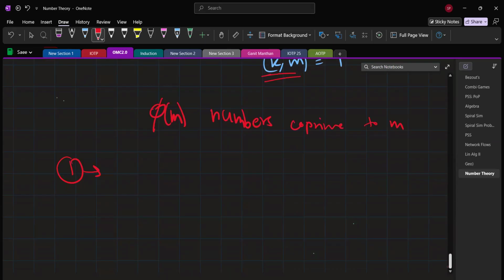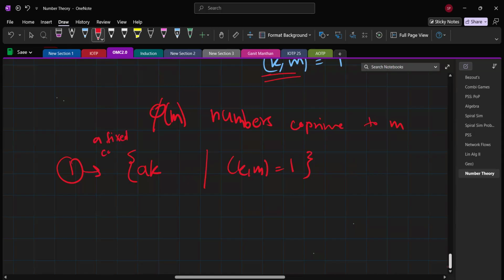that if we look at ak over all k such that GCD of k and m is 1, and a is fixed and co-prime to m, if we look at this set, then we claim that this is just going to be a permutation of the set of all numbers which are co-prime to m.